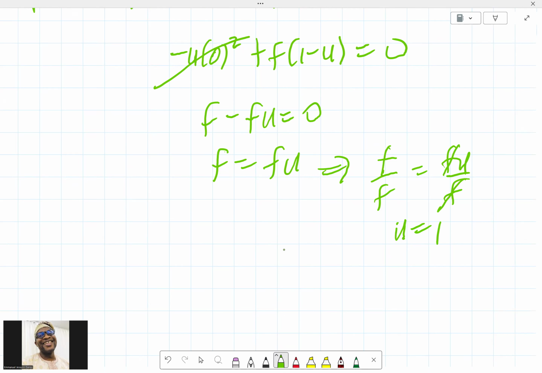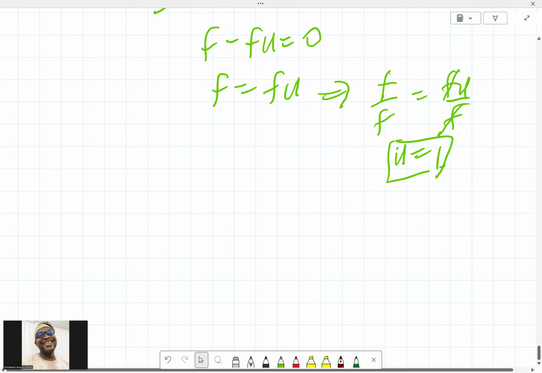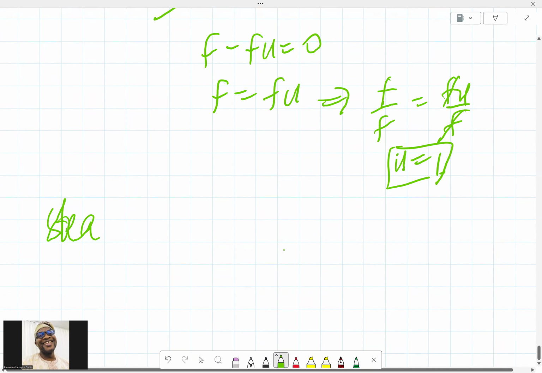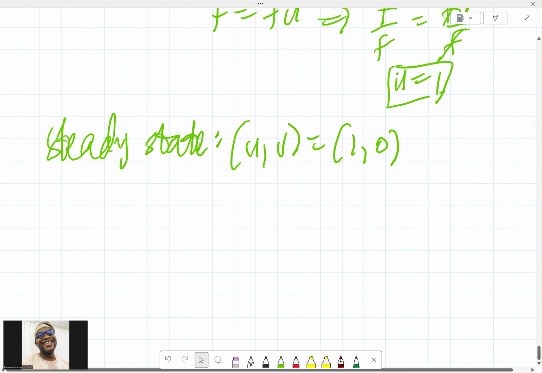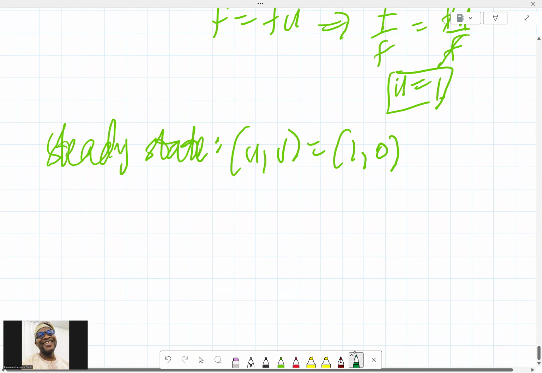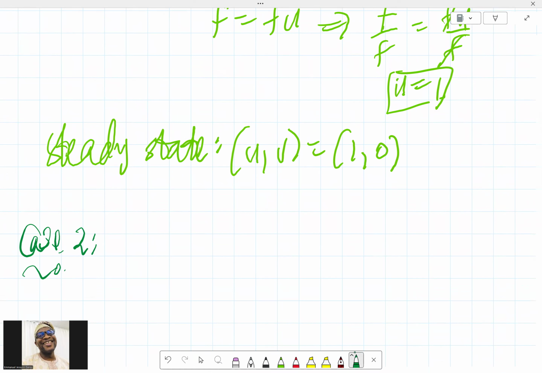So u is equal to 1. So in that case, we have a steady state. So the steady state here would be u comma v equals 1 for u and 0 for v. Okay, that's one case. Another case would be case 2 now, the case where uv is equal to f plus k.